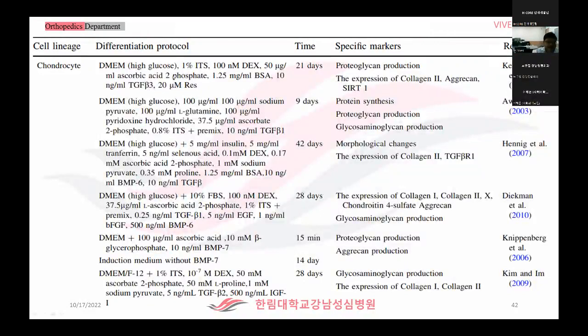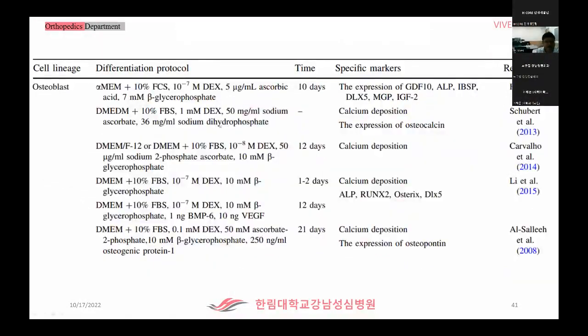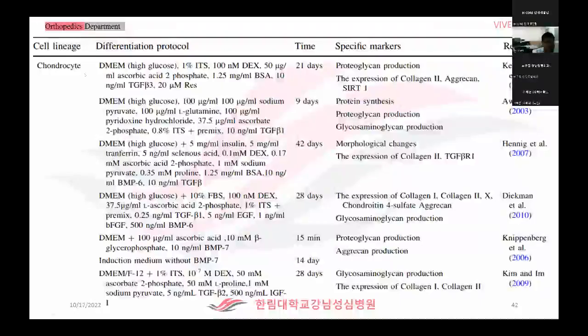Here we use acidic phosphate instead of, as you see, dihydroxyphosphate or beta glycerophosphate, which is used most of the time. But in the case of chondrocytes, people use phosphate in an acidic form, similarly ascorbate 2-phosphate.